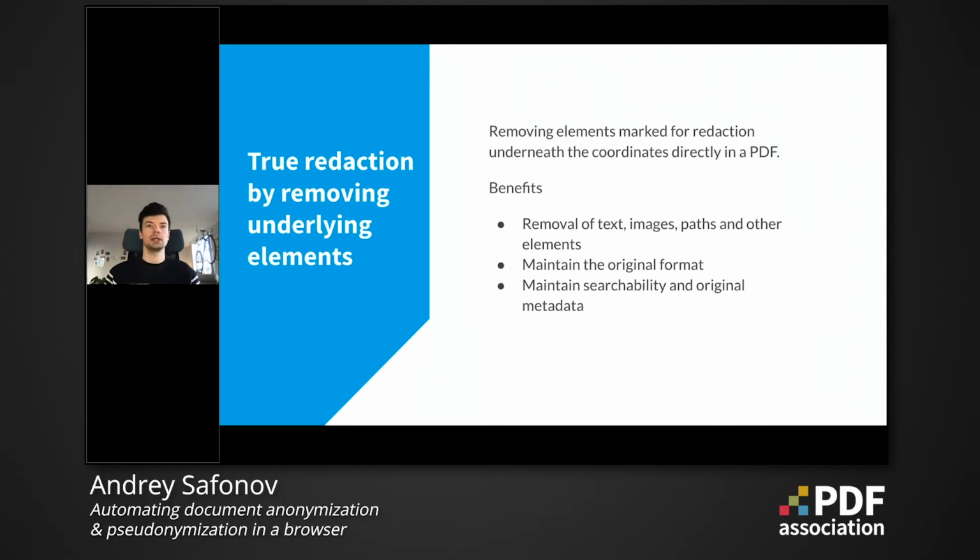And then we can ensure that we remove text, images, paths, and other elements that are underneath it, to make sure that even if some information is not visible, we still go ahead and remove it. And this way we can maintain the original format, we can stay in PDF, and we can maintain searchability and the original metadata of the document.